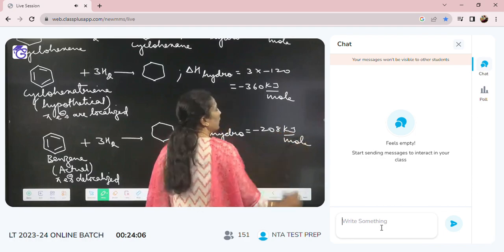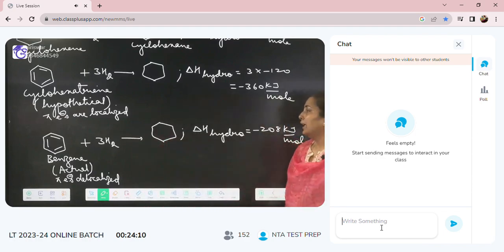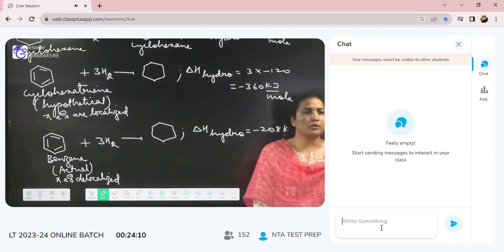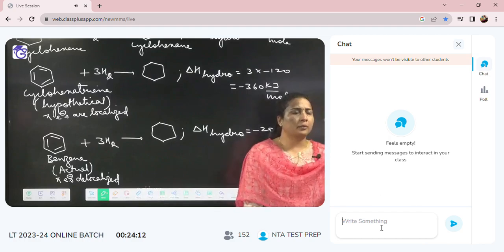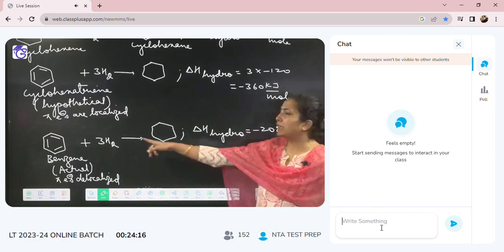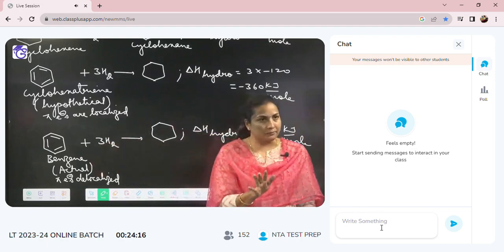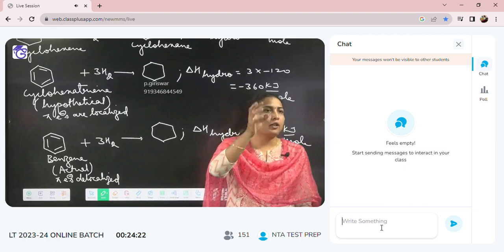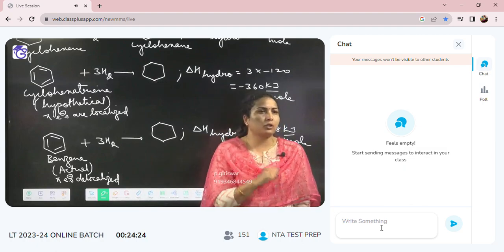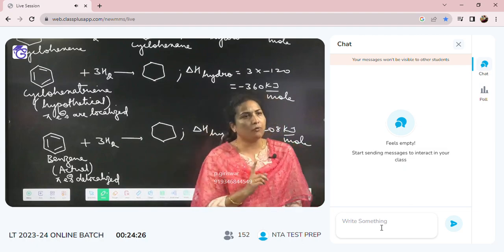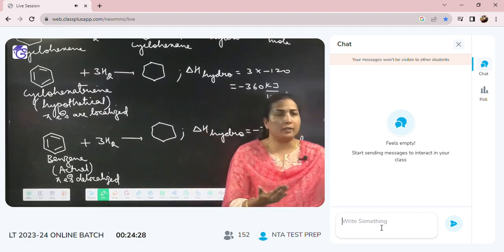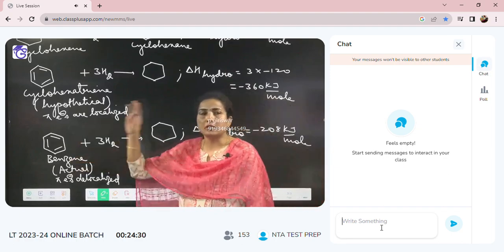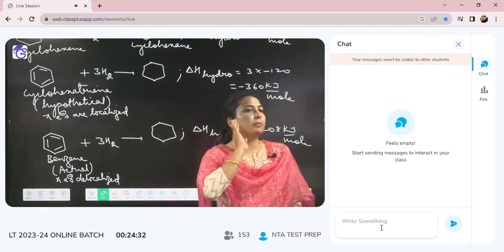Now what you need to understand here is that they didn't know whether some stabilizing effect is there in benzene or not. Ideally, if there are 3 pi bonds in benzene, comparing with cyclohexene, which has 1 pi bond, for whose hydrogenation 120 kilojoule of heat is liberated, here for 3 pi bonds you should ideally liberate 360.